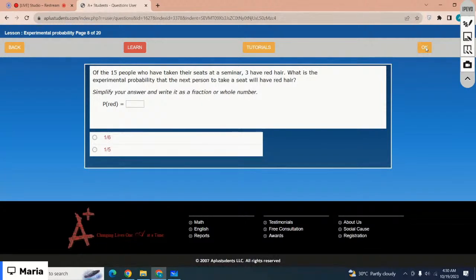Out of 15 people who have taken their seats at the seminar, 3 have red hair. What is the experimental probability that the next person to take a seat will have red hair? Which is the correct option?